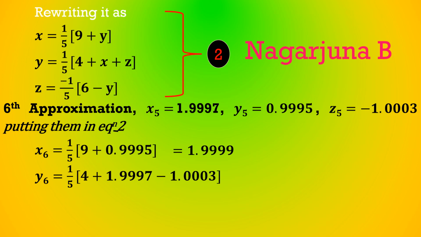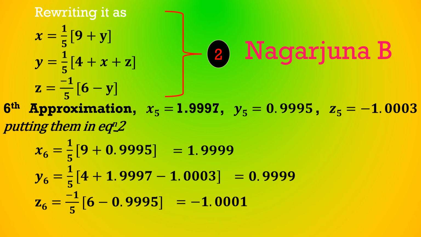So upon simplification y6 will be equal to 0.49. Then z6 is equal to minus 1 divided by 5 into 6 minus 0.995. Upon simplification this will be equal to minus 1.0001.